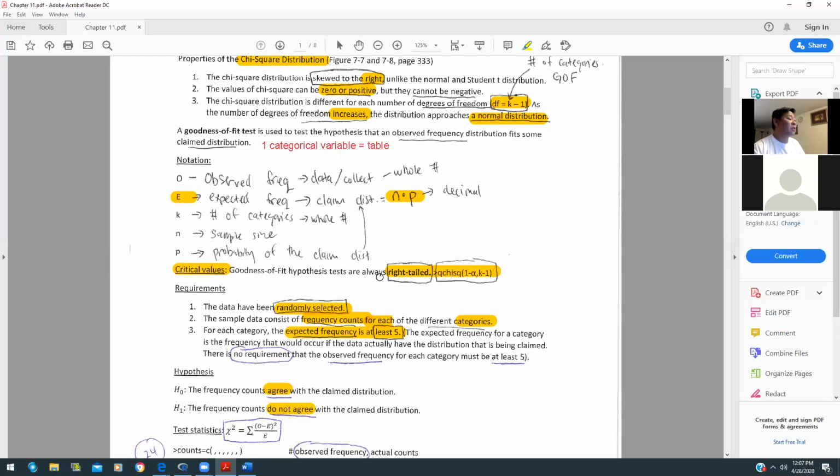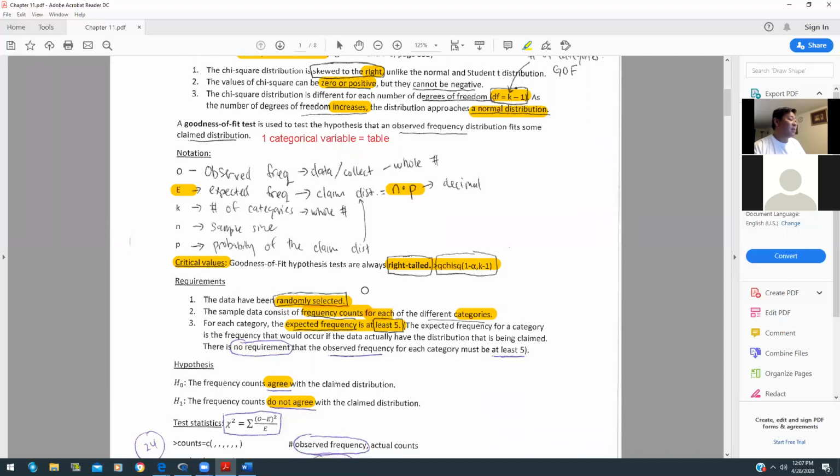So if you want to find a critical value, you use the qchisq of 1 minus alpha, K minus 1. So this is the one that you have to type in R to find your critical value. Alpha is the level of significance. K in this case is your number of categories. So don't forget, this is your degrees of freedom, okay?